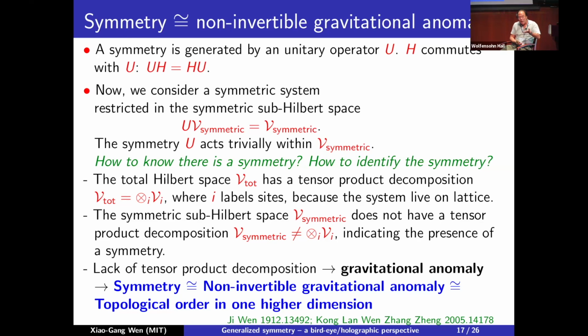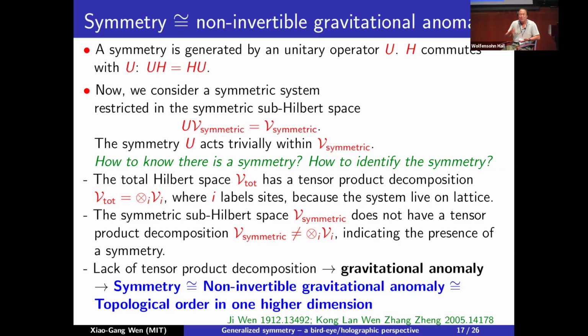But when we view everything from the symmetric subspace, we have trouble. The symmetry transformation acts trivially. We don't see any symmetry transformation. So there's a serious issue: how to identify the symmetry, how to identify the group, if you restrict yourself within a symmetric subspace. So it's kind of strange.